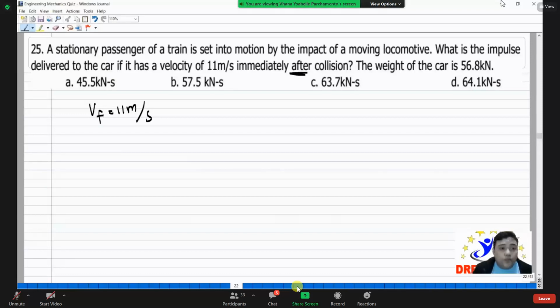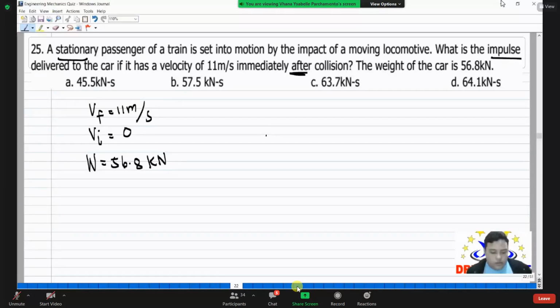Since it is stationary, VI is equal to 0. The weight of the car is 56.8 kilonewtons. Therefore, what we are looking for here is the impulse. The impulse-momentum equation: impulse is equal to the change in momentum, or change in mass times velocity.